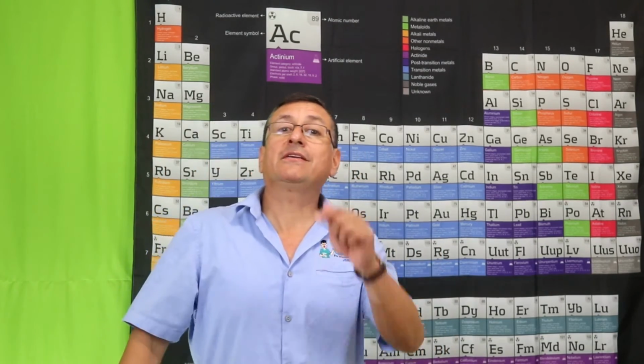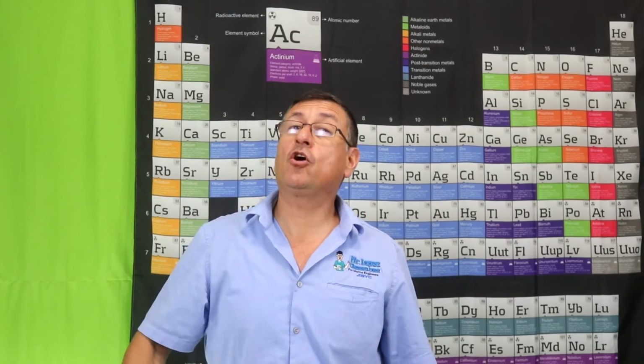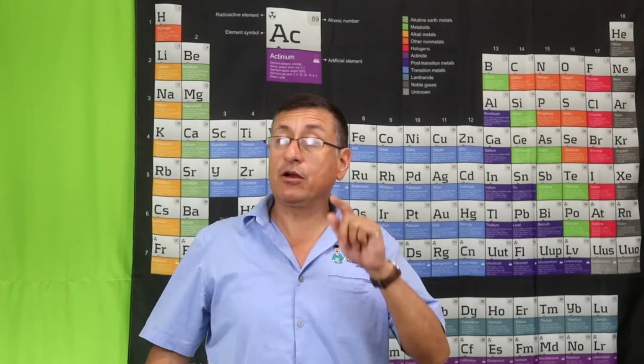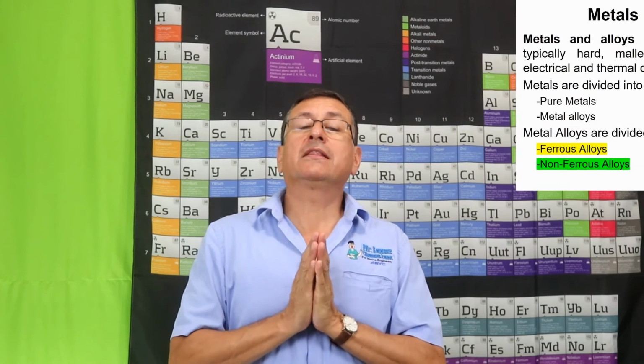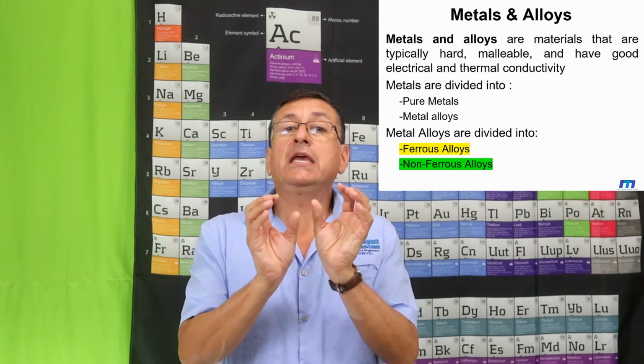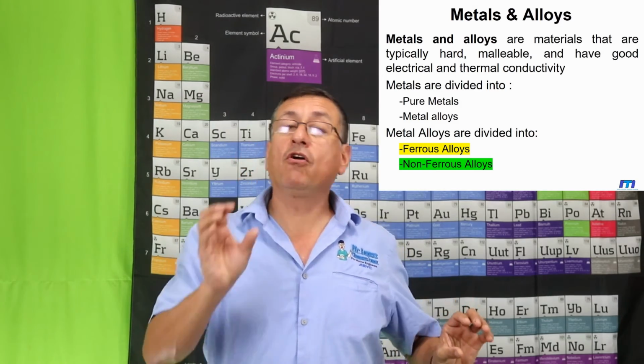Alright, my friend, this is iron. There are other important properties about iron, but the most important is the magnetic property. But let me explain something about the alloys that we are going to study later in this chapter. The alloys are divided into ferrous alloys and non-ferrous alloys.